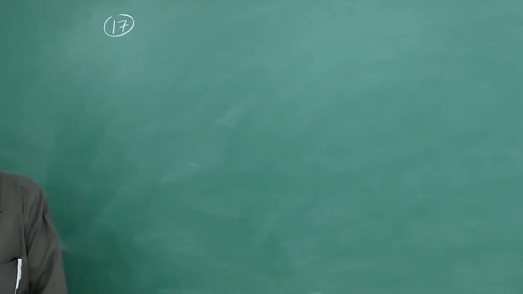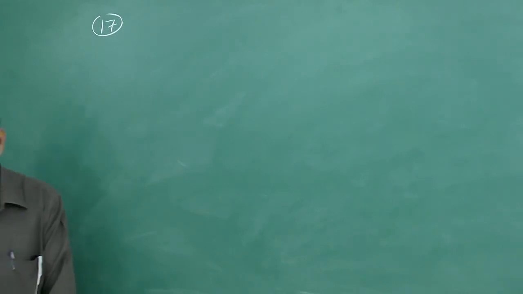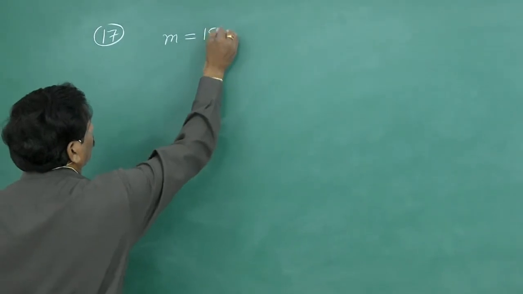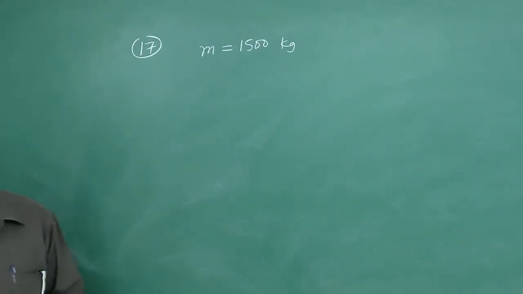What must be the force between the vehicle and the road if the vehicle is to be stopped with a negative acceleration of 1.7 meter per second square? So here the vehicle has a mass of 1500 kg.